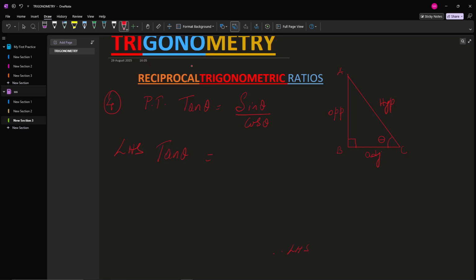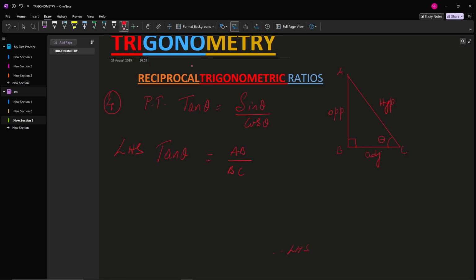Now tan theta, as you know, is opposite side divided by adjacent. Opposite is AB divided by BC. Now according to RHS, the numerator will require sin theta. Sin theta, you know, is opposite by hypotenuse. That means AB by AC. In the denominator you require cos theta. Cos theta is adjacent by hypotenuse.